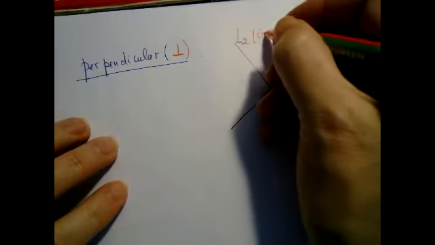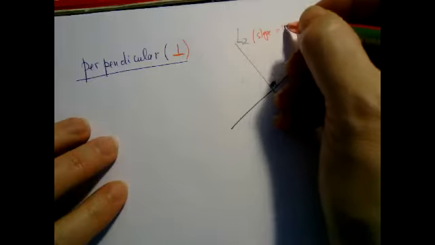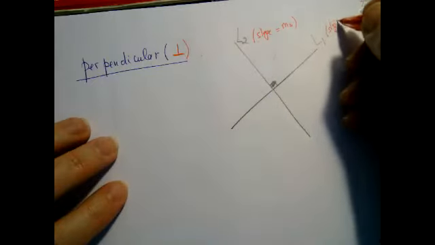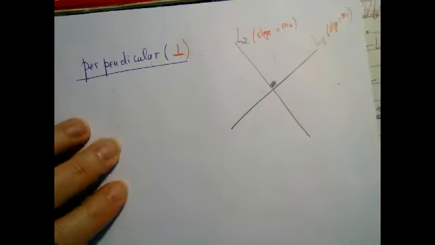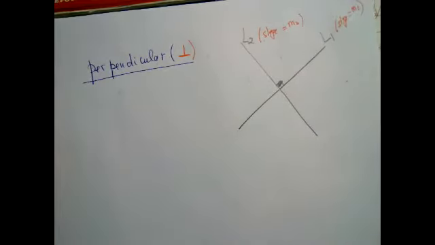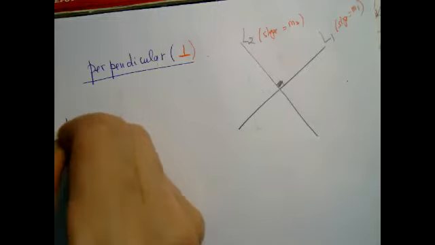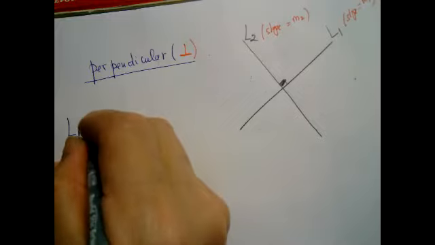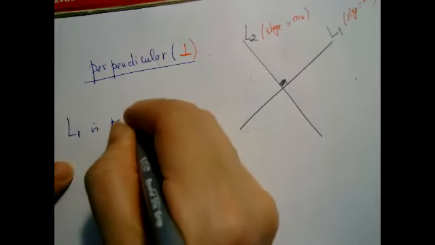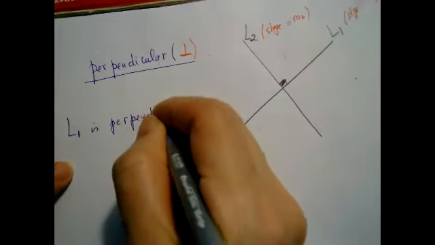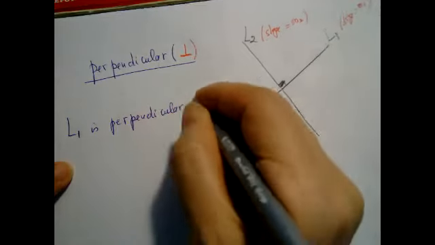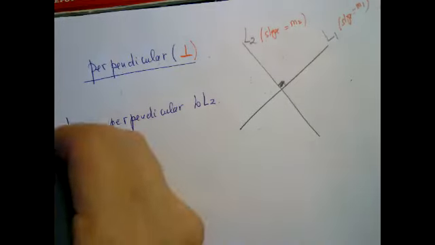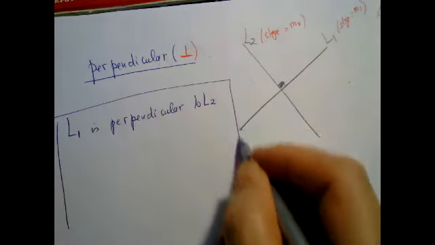Suppose this slope is M2 and the slope here is M1. This is hard to explain, so we will accept the result. So suppose L1 is perpendicular to L2. Then what's the relationship between their slopes?